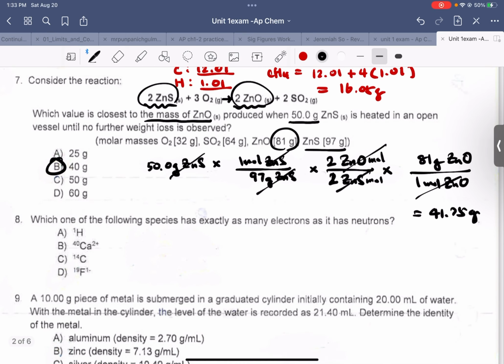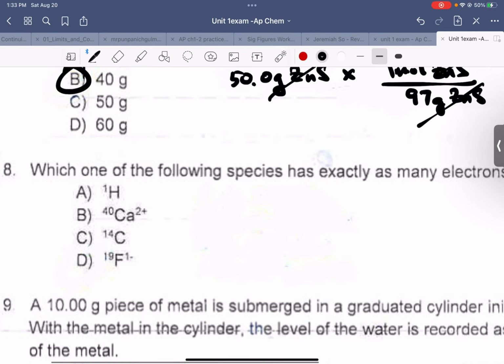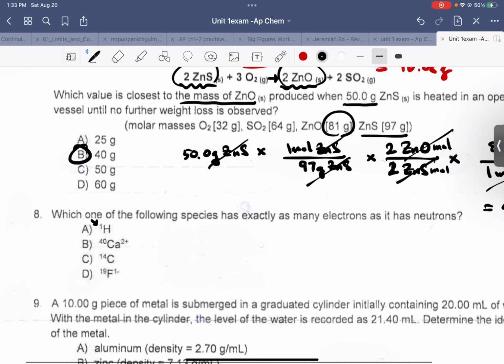And then which one of the following species has exactly as many electrons as it has neutrons? Okay, let's talk about it. Like I said earlier, that one is your mass. H has a mass number of 1.